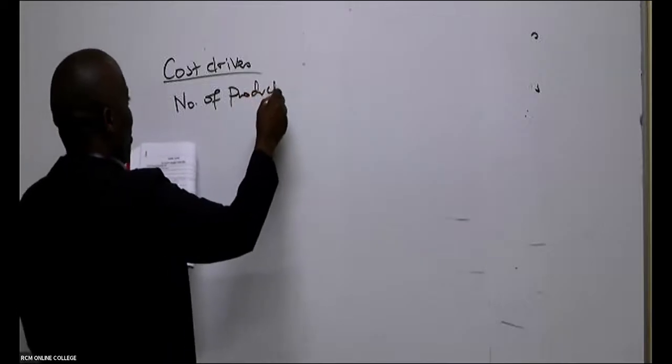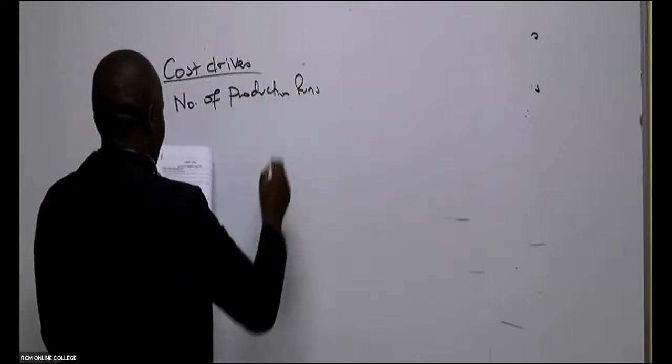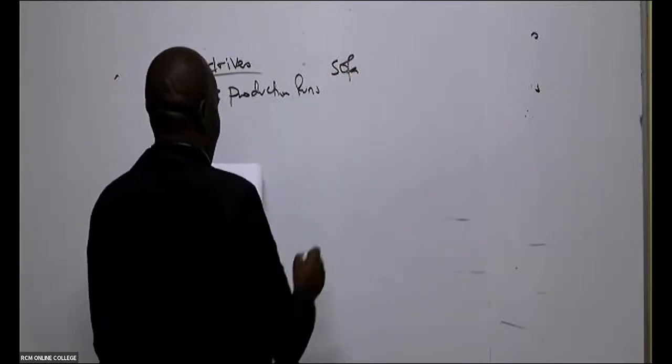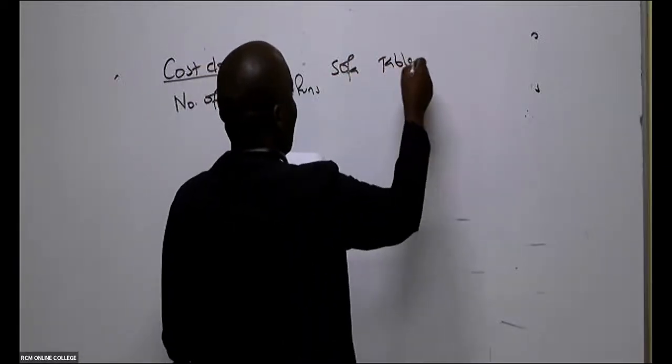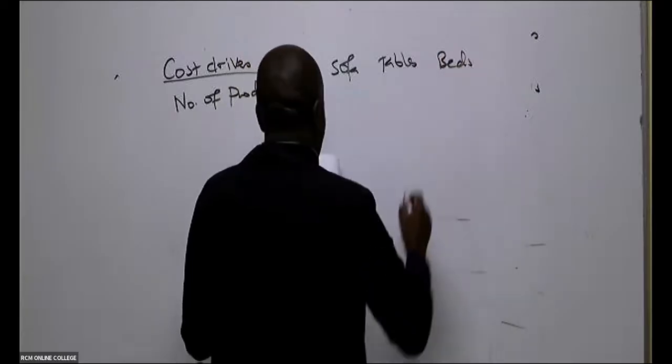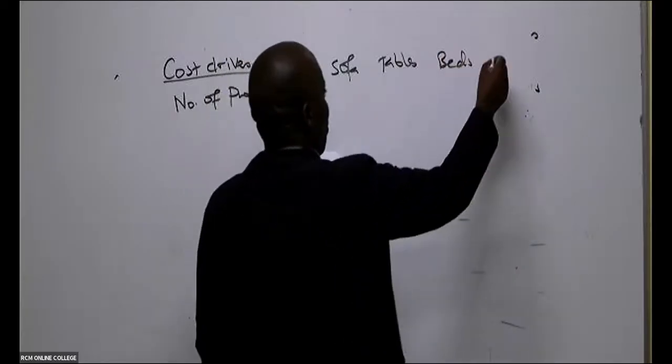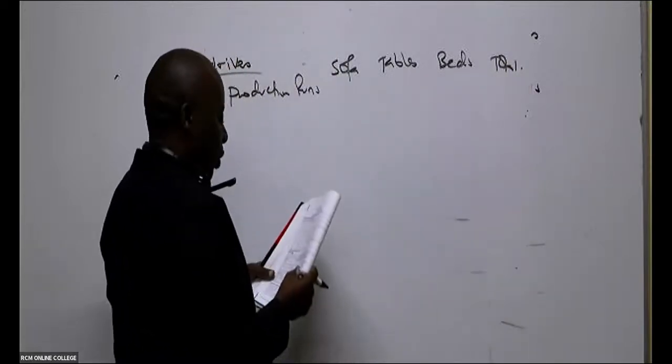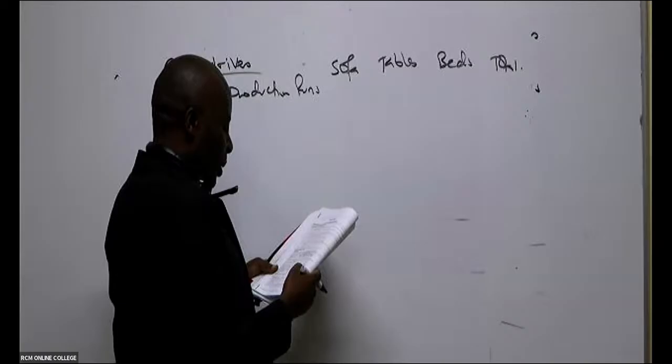Number of production runs, where we have the sofa, tables, beds, and total. These are really important.